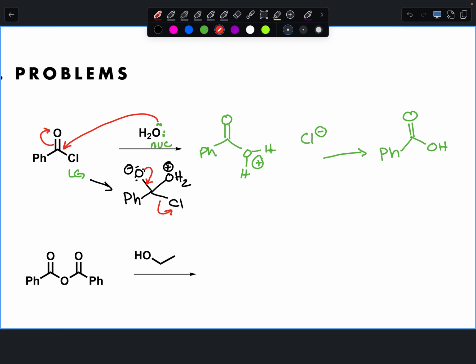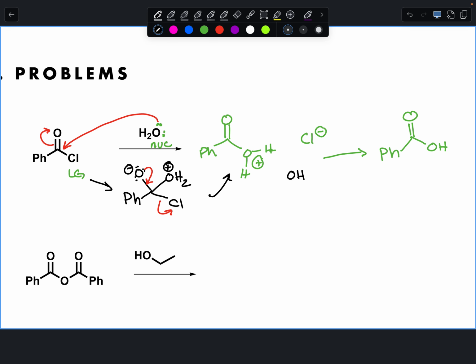Now we're going to talk about something that's different, a different type of reactivity that these can do. What we're going to do now is talk about how this alpha carbon can act as a nucleophile. So how does it act as a nucleophile?